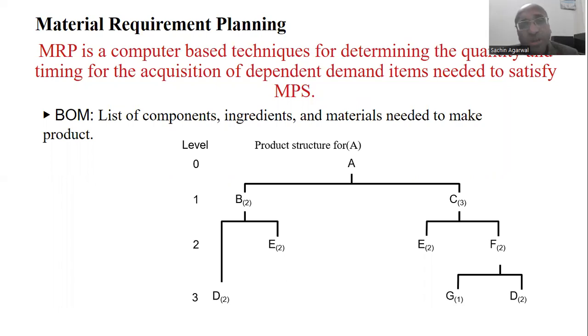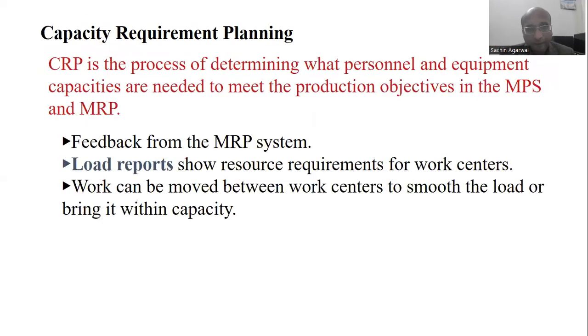Suppose we want to manufacture product A. So the quantity of product B required is 2, the quantity of C required is 3, and in the manufacturing of one product B, 2 components of E and 2 components of D are required. So this is, we can say, the product structure chart of the components. Accordingly, we are able to find how many parts or components are required in manufacturing that component. And this is the bill of material.